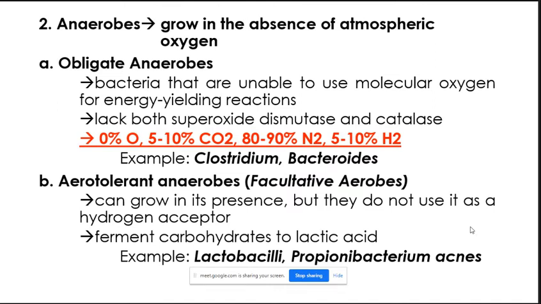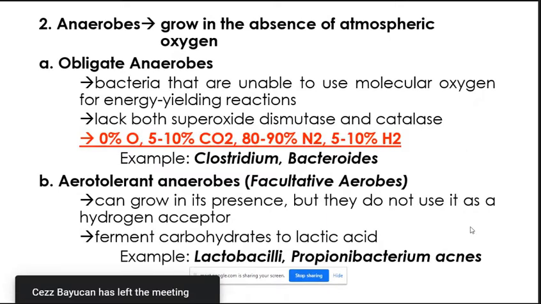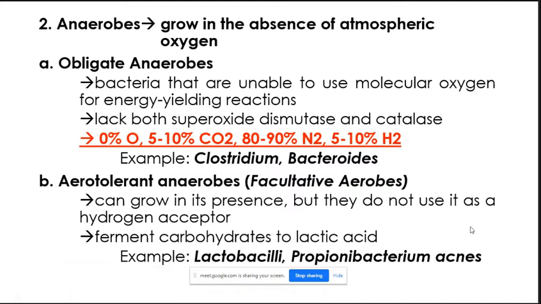Whereas your aerotolerant anaerobes, they can grow in its presence, but they do not use it as a hydrogen acceptor. So that dito din yun sa fermentation ng carbohydrates, this can be now a source. Instead of the oxygen, then they can do fermentation also. Okay? This will be sa Enterobacteriaceae later on.